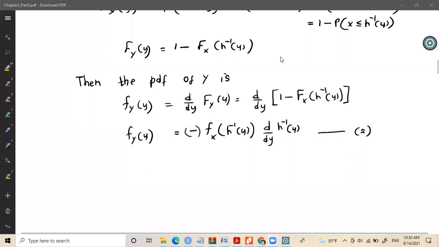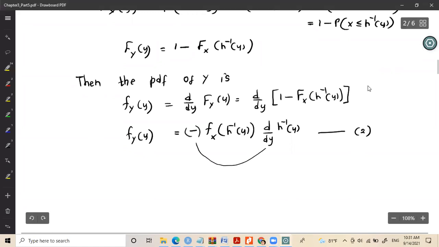You can't have negative probabilities. Probability value is always between 0 and 1. Never exceeds 1, never negative. And f_X is a probability density function, so you cannot have a negative value for f_X. Therefore, the negative sign is associated with the d over dy.